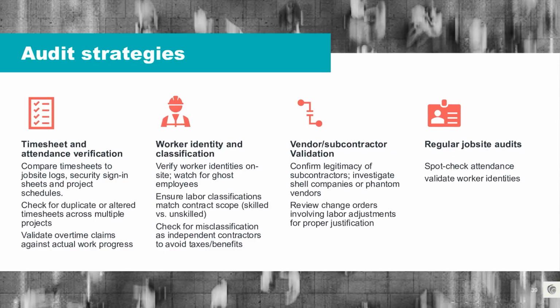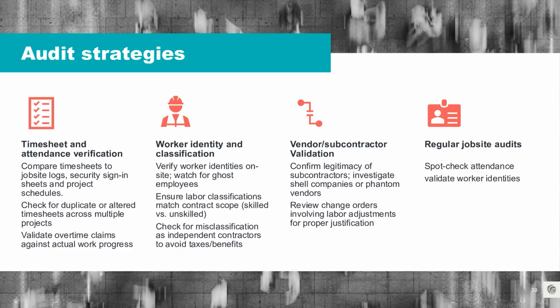So we've got timesheet and attendance verification. So comparing those timesheets to job site logs, security sign-ins, and the project schedule. Worker identity and classification. So verifying worker identities on site, looking for ghost employees, and ensuring the labor classifications match up with the contract scope.